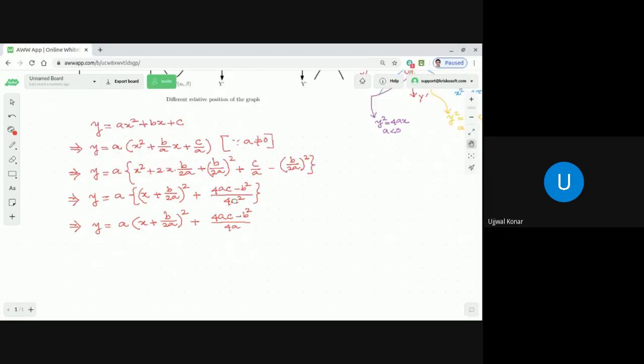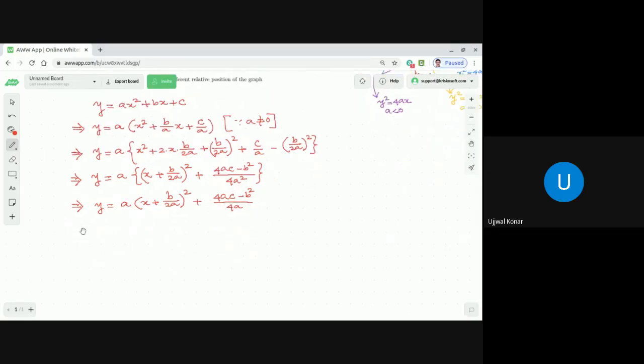So this implies that a into (x plus b by 2a) whole square is equal to y minus (4ac minus b square) divided by 4a.